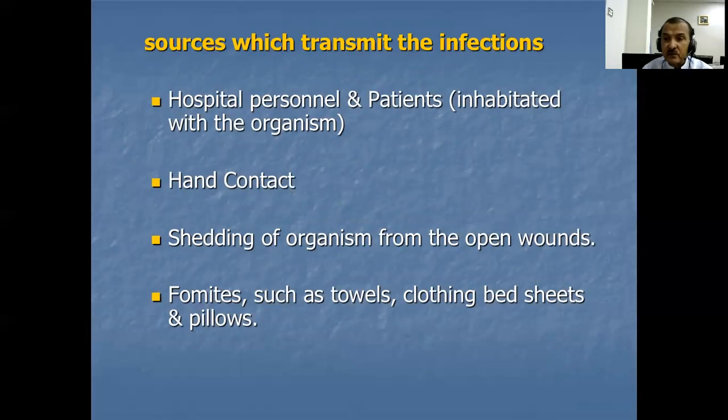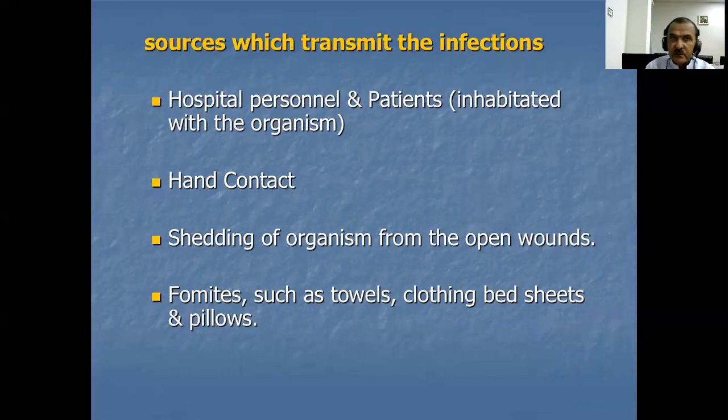Sources which transmit the infection. How is infection transmitted? How does Staphylococcus aureus transmit the infection? Hospital personnel and patients inhabited with the organism. If a patient is suffering from any type of disease, he is admitted in the hospital for treatment purposes. Then there is contact, shedding of the organism from open wounds.